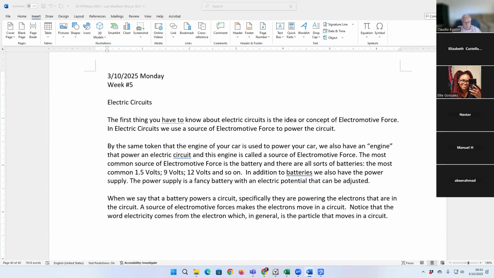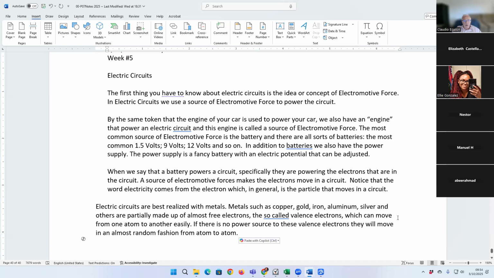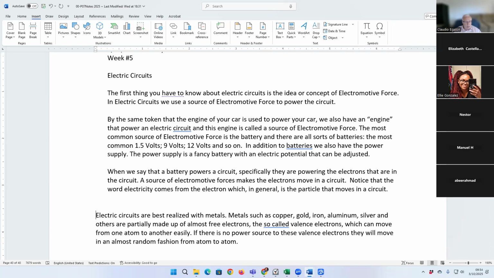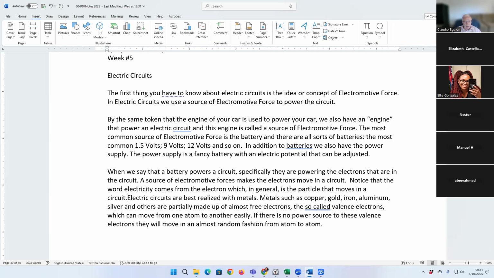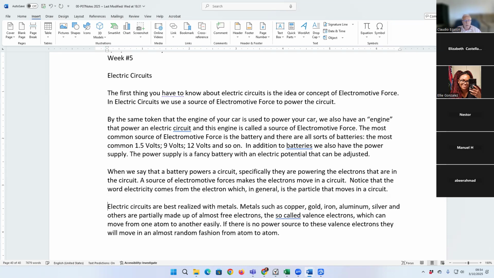Electric circuits are best realized using metals, but that's not the only type of material that can be used in a circuit.